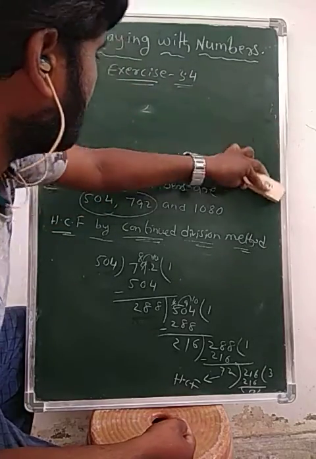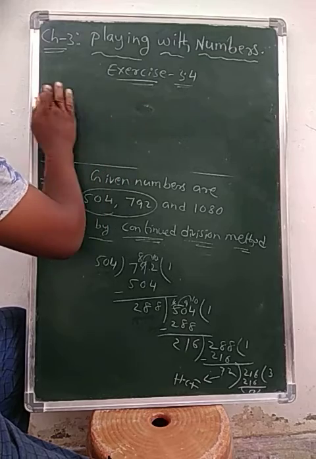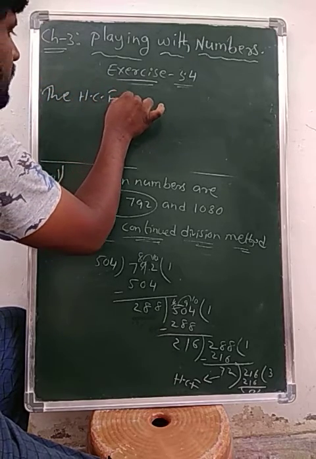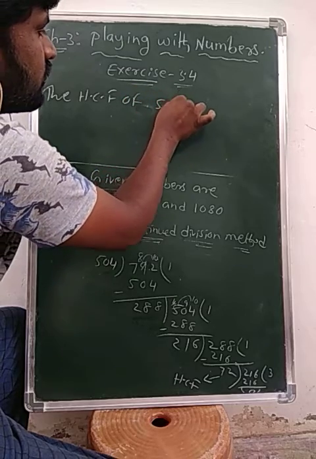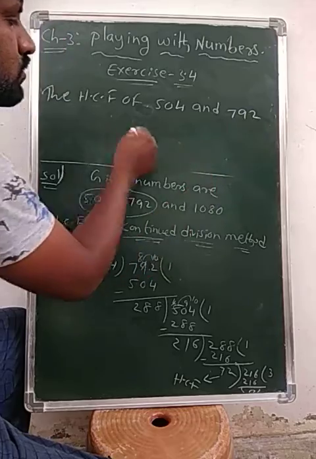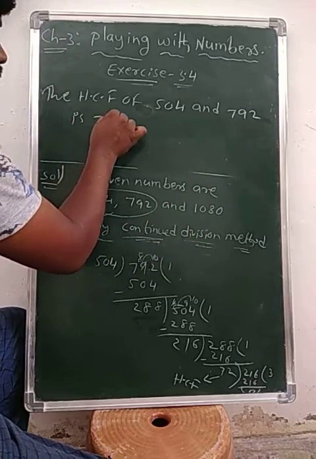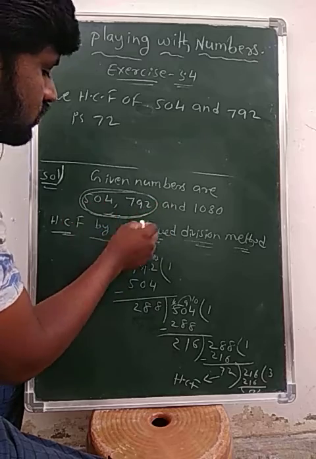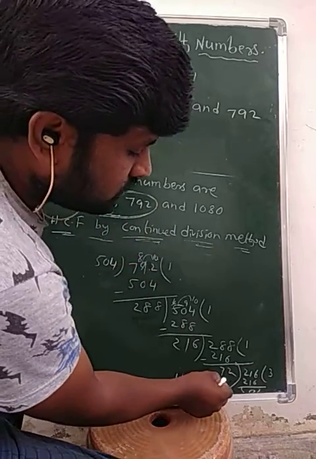Therefore, we can say that the highest common factor of 504 and 792 is 72. So by taking these two numbers, we get the HCF is 72.